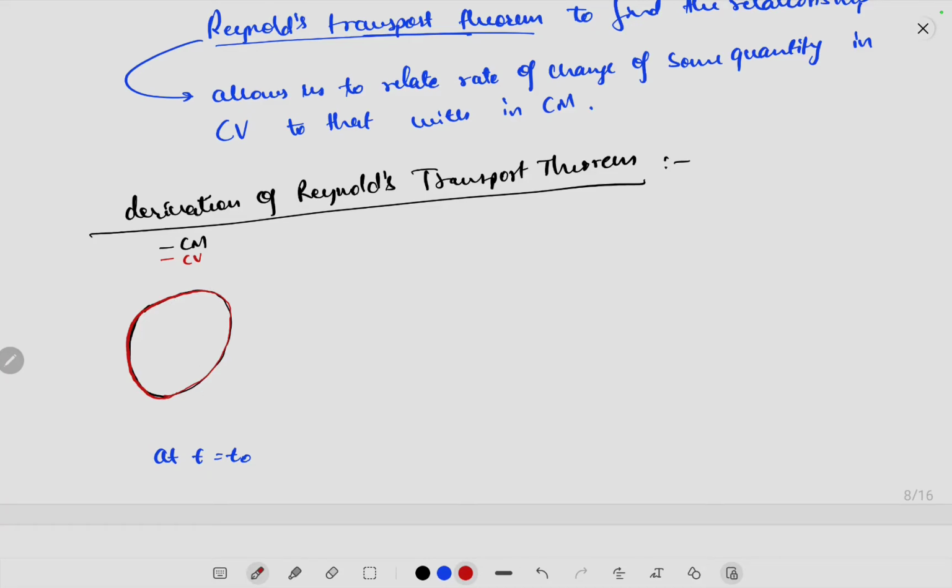So let's say at t is equal to t naught plus delta t, my control mass, the control volume would remain as it is. Okay, and the control mass, let's say it gets deformed and looks something like this.